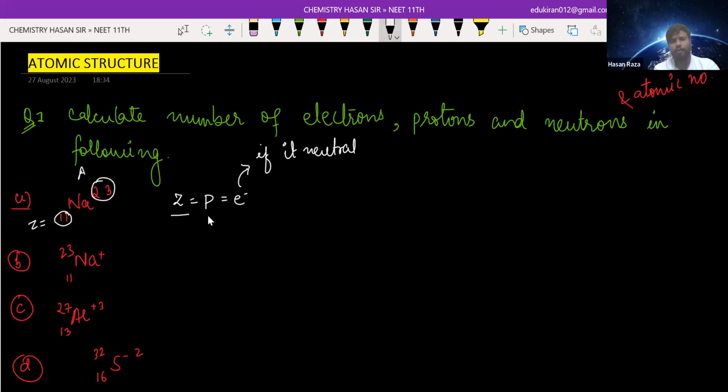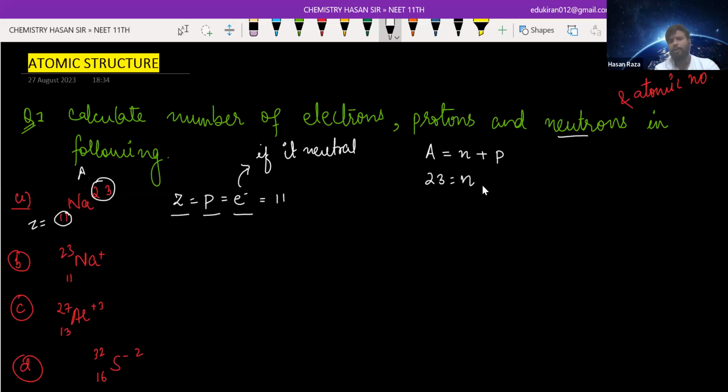So proton, atomic number, will be equal to proton, which will be equal to electron, and that is equal to 11. Simple. In order to calculate neutrons, everyone knows that mass number is equal to neutron plus proton, and that will be equal to mass number, 23.